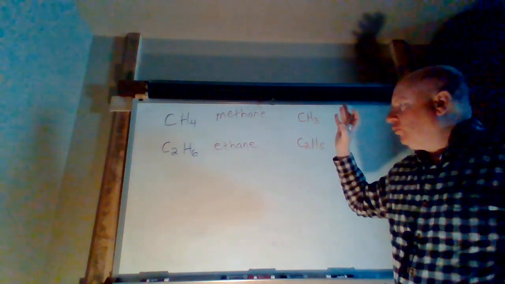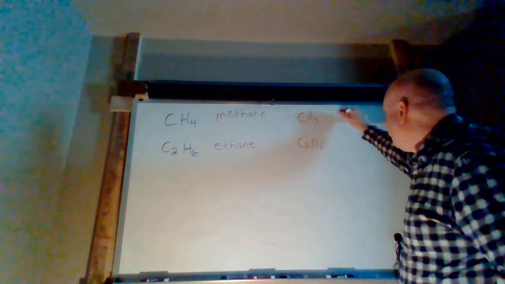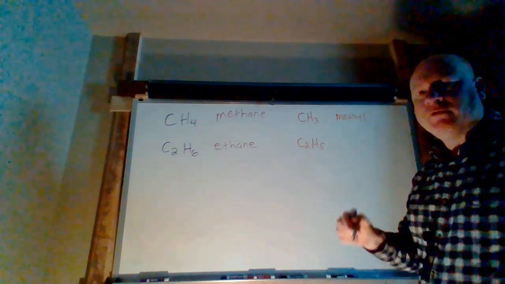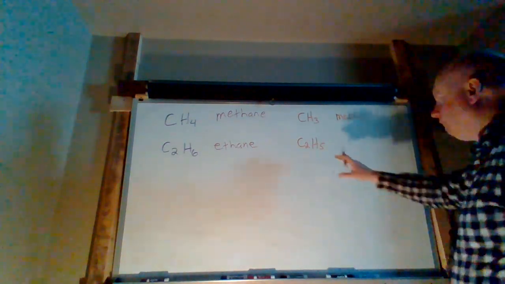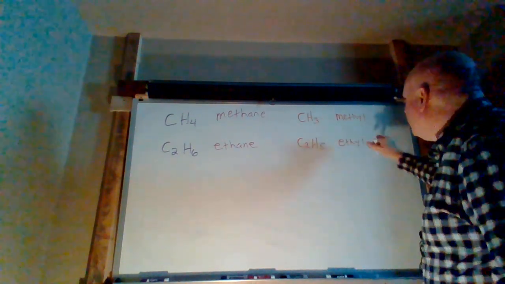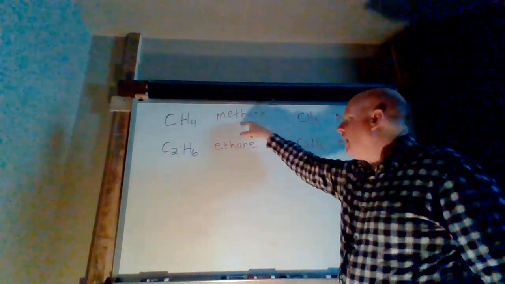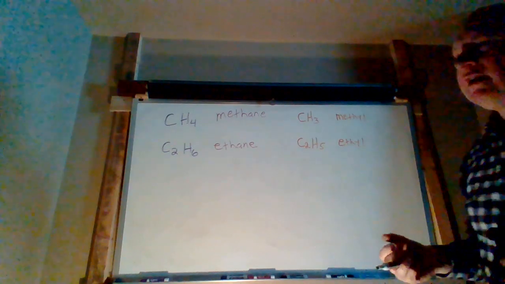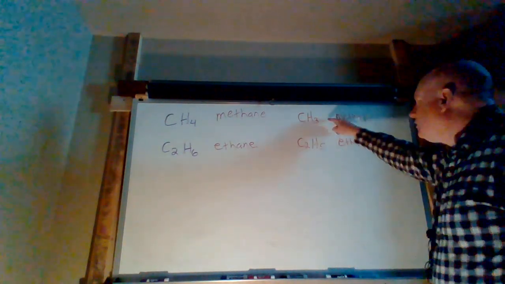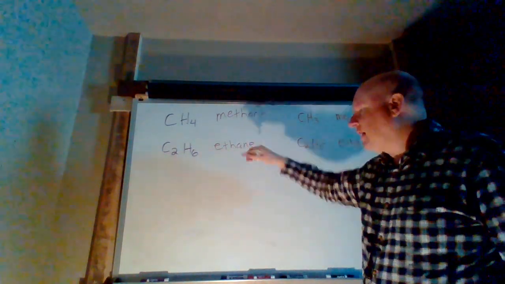And the reason for that is when we call these derivatives, this is called a methyl group. Notice I said group. We'll make more sense of that later. And 2 carbons in length is called an ethyl group. So these 2 names are derived from these alkanes, just like the symbol Fe is derived from the Latin term for ferrous. These structures and names are derived from their organic alkane counterparts.